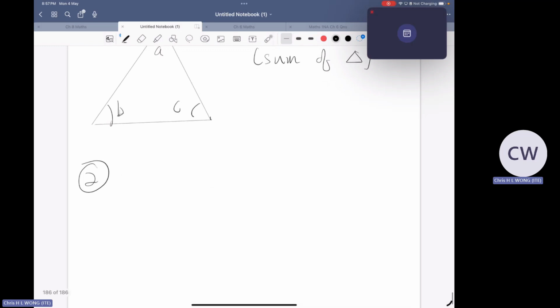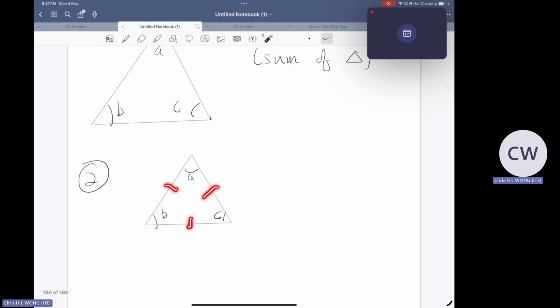Second, if I draw another triangle, 1, 2, 3, I put A, B, C, but I put 3 lines: 1 line, 2 line, 3 line. Can you see? This 3 line means this angle and this angle and this angle are equal.